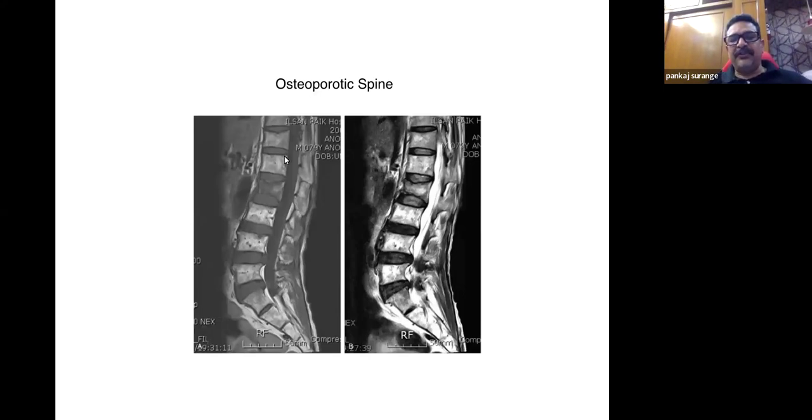Look at this, all fatty, fatty, fatty over here, because over a period of time, there are some microfractures happening inside the vertebral bodies, and they are getting replaced with the fatty tissues. So osteoporotic spine will look like this, fatty infiltration all over.